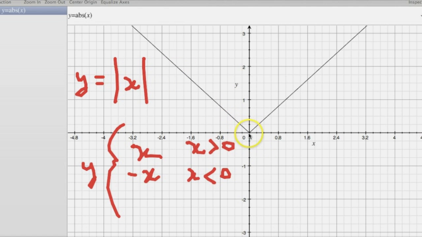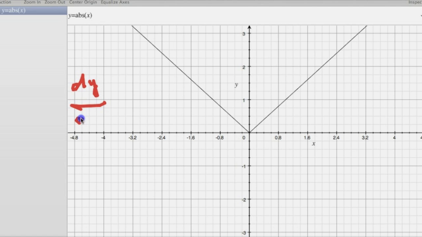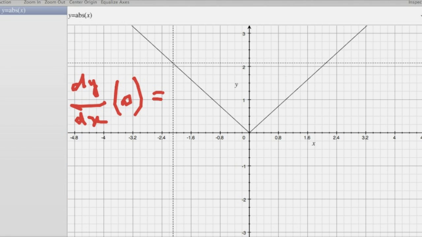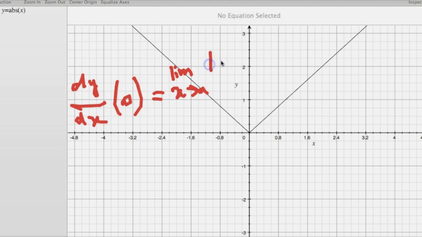Okay, so this is our function, and we're going to try to take the derivative when x equals 0. And I'm going to do it based on the definition of the derivative, as we were talking about in the previous video. So we're trying to find dy/dx at 0, and that should equal the limit as x approaches a of the absolute value of x minus the absolute value of a, over x minus a. And so we can solve this because we think of it as a piecewise function.